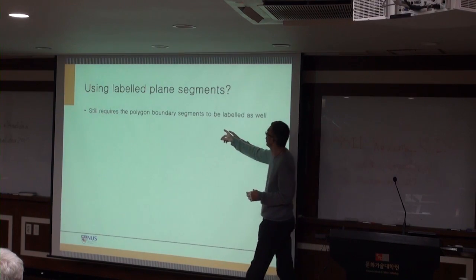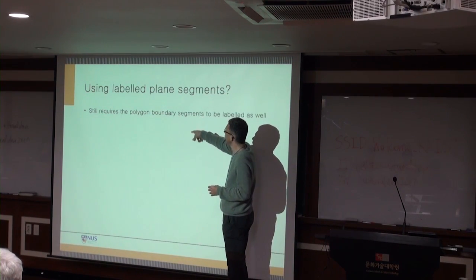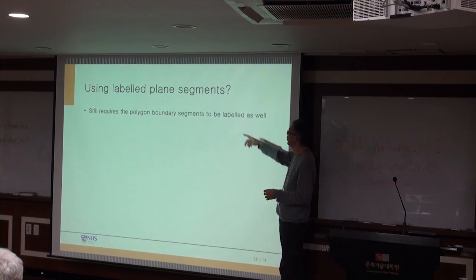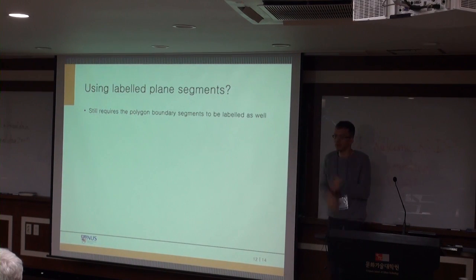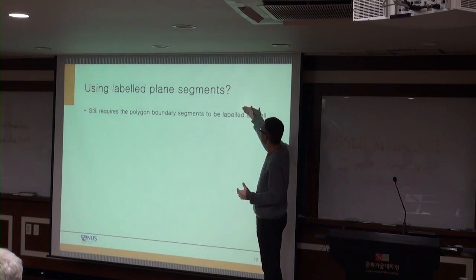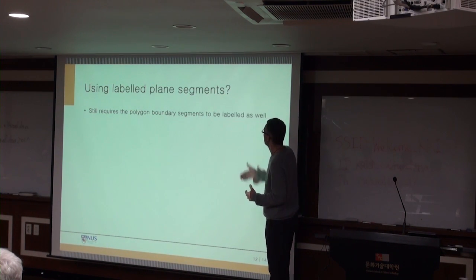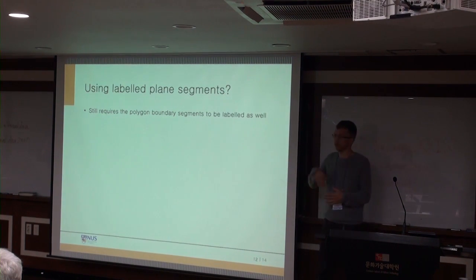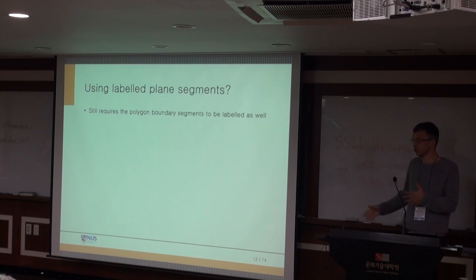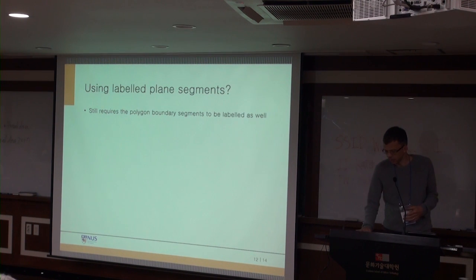And so you still require the boundary segments. And because you need to know which boundary segments belong to which polygon, you would still have to label them. So it doesn't really add anything. So going from points to line segments in this case really works. Going from line segments to plane segments wouldn't work, unless we, of course, are dealing in 3 dimensions, then it might be a different equation, let's say.